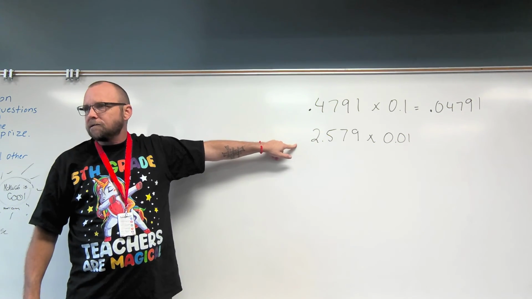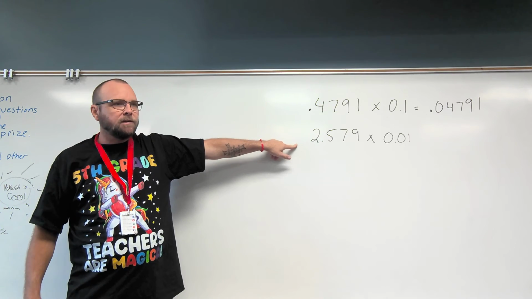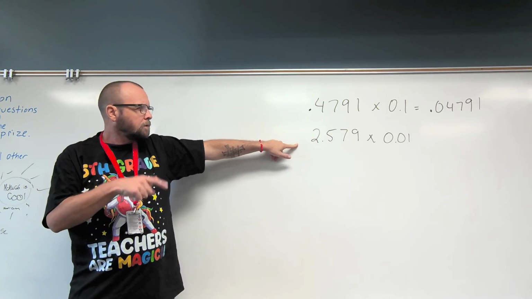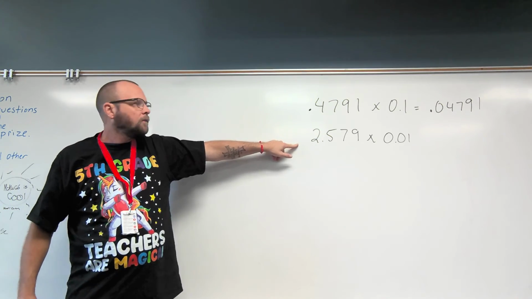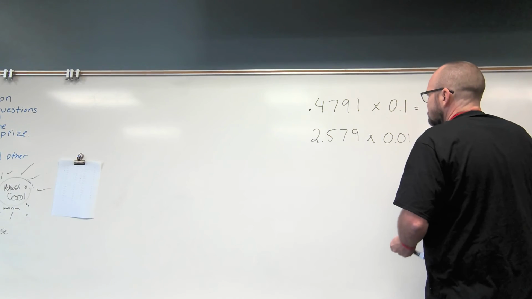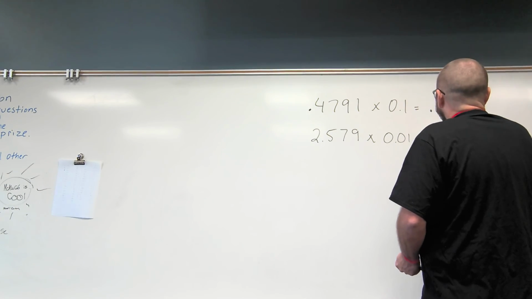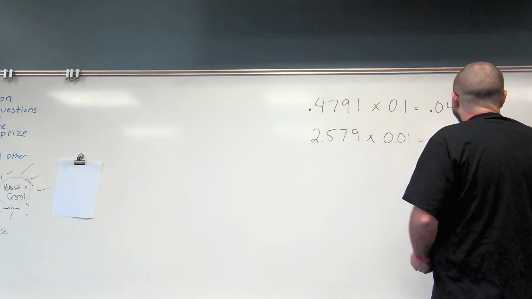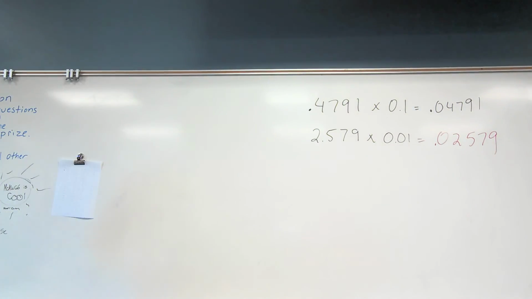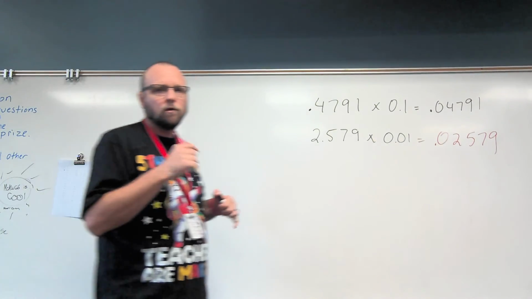To the hundredths place, then it's 100 times smaller. So this one we have 0.02579. So it's a matter of making each place value that much smaller than it was before.